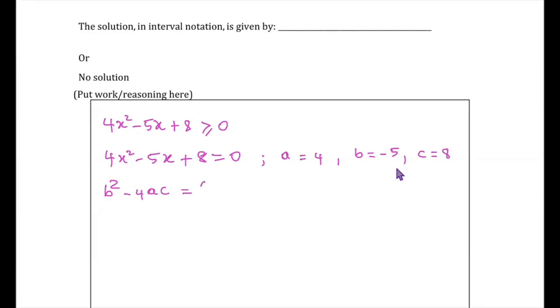So negative 5 squared minus 4 times a equals 4, c equals 8.